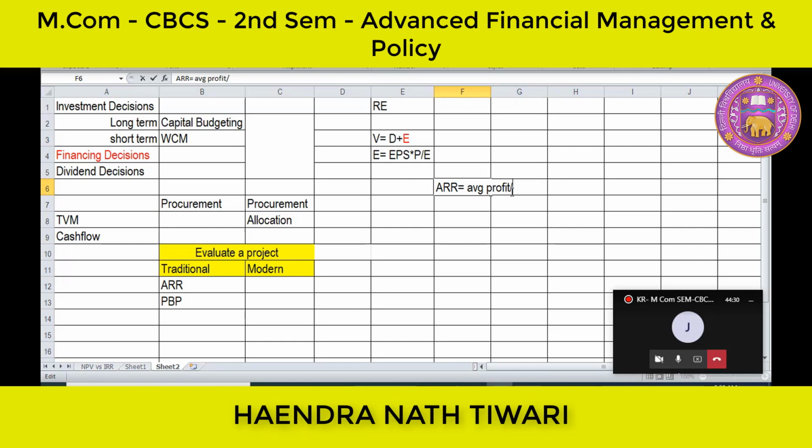Then you calculate the average profit of that asset during these years and you divide that by average investment. That used to give you the rate of return based on accounting records. That is why we call it accounting rate of return, ARR.